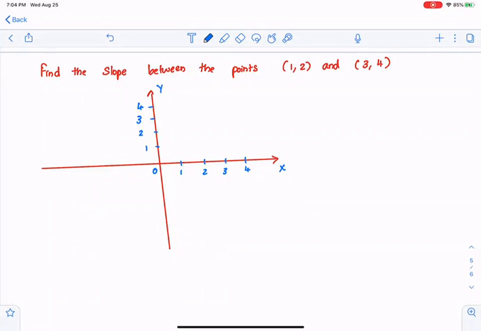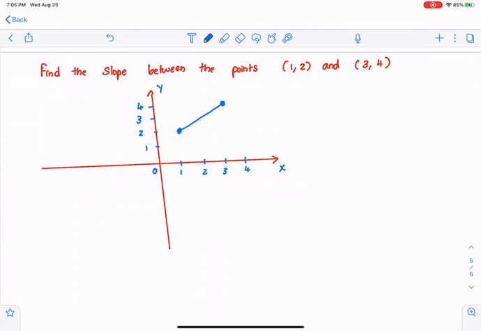So the first point is 1, 2. So that point is right over here. And the second point is 3, 4. So 3, 4 is right over there. And arbitrarily, if I connect it by a line, the line is going up. So whatever answer that I'm going to get has to be positive.